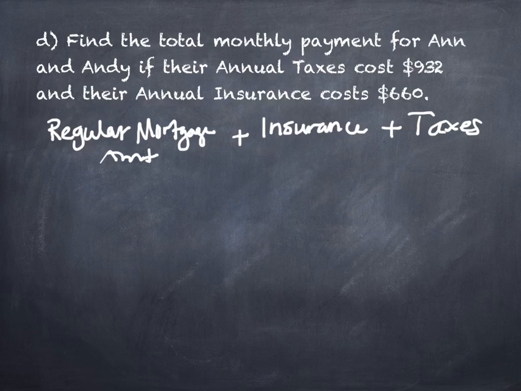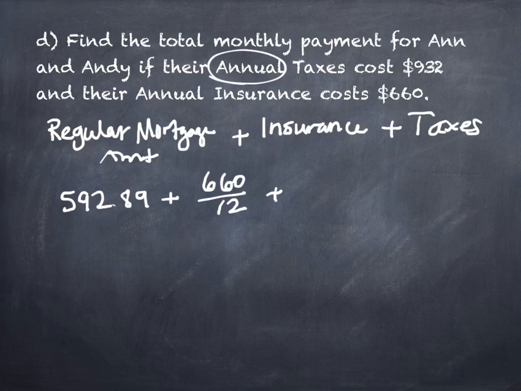So your regular monthly payment was $592.89. Our insurance in this case was $660, but that's $660 annually, right? So we need the monthly amount because we're looking at a monthly payment. So we're going to take 660 and divide by 12. And we're going to do the same thing with our taxes. Our taxes are given in an annual amount up here. So we're going to take 932 and divide that also by 12. And if we take each of these, I've got 592.89.